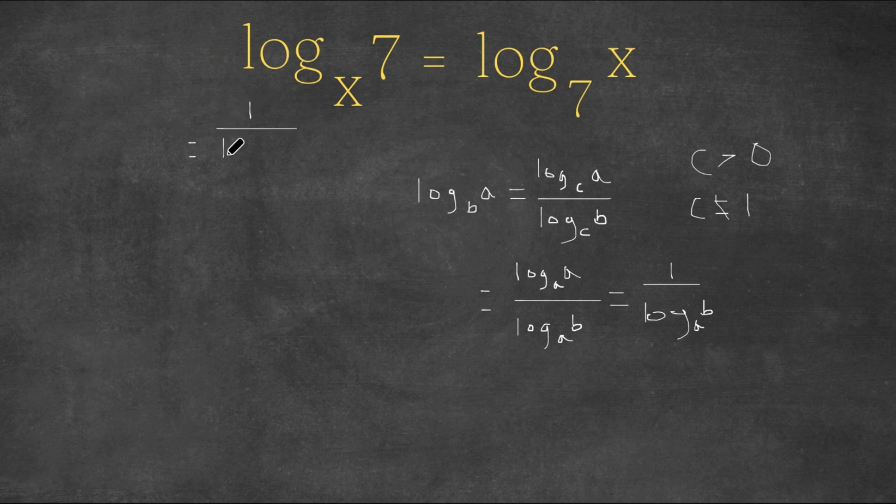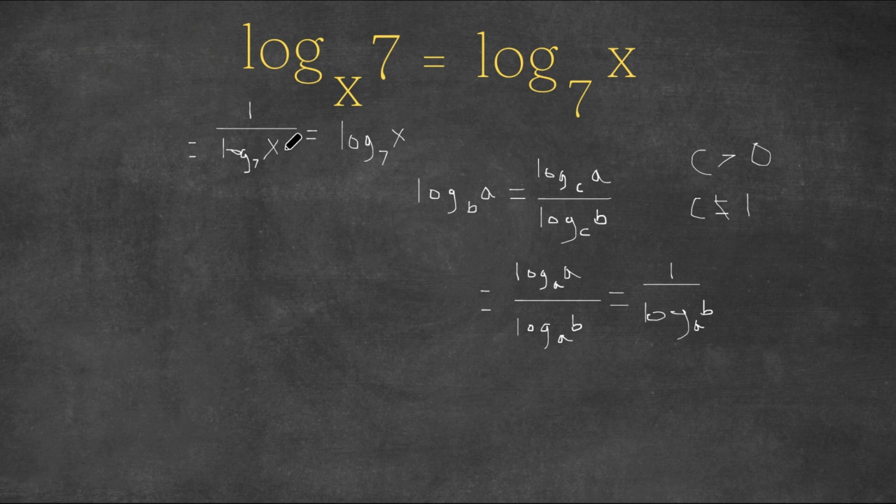So now that we've converted this, we know that this is simply equal to 1 over log base 7 of x. So now, as you can see, both of these have the same base. So now this is still equal to log base 7 of x.